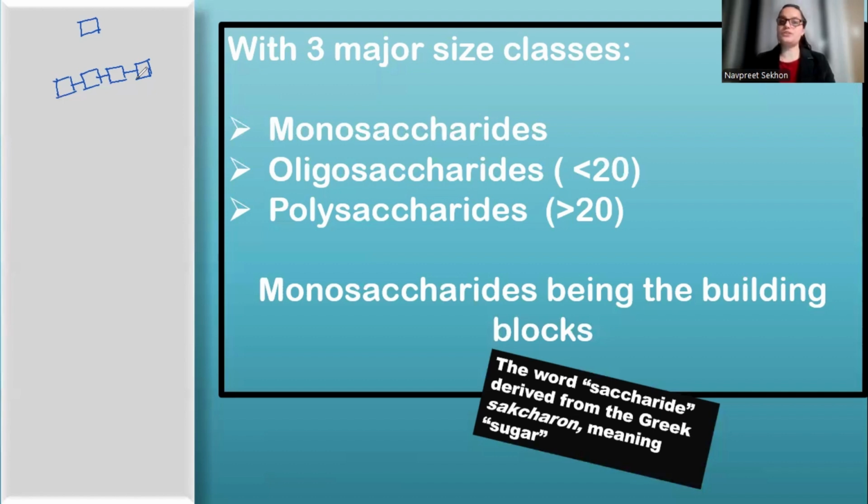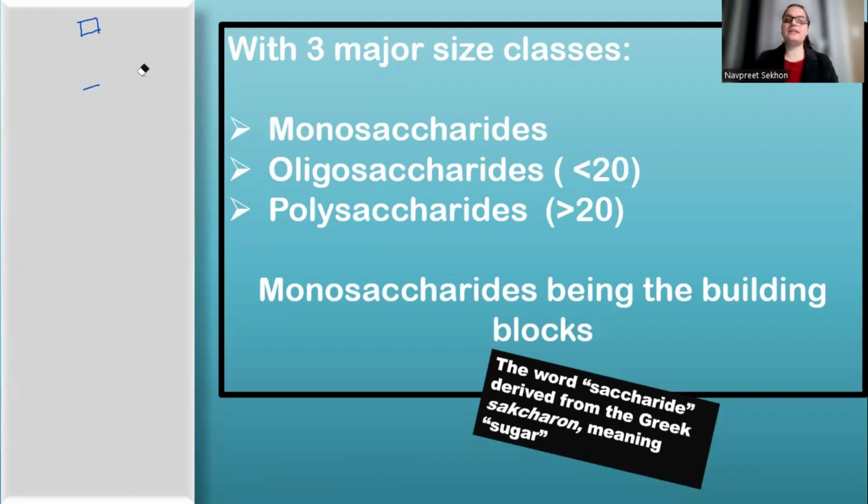Now you must have noticed that there is a word root here, which is saccharides, and prefixes are just added in front of that word root, right? Saccharides is the common word root. Saccharides actually means sugar, and it has been derived from the Greek word saccharon.